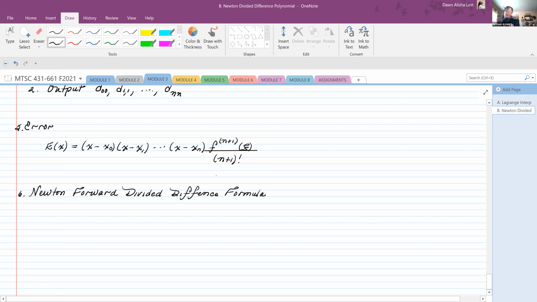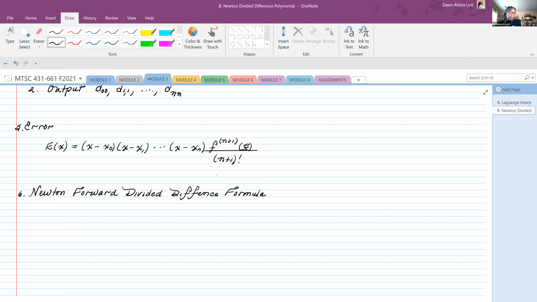You know how to do the Newton divided difference formula. The Newton forward divided difference formula is very much the same. The only difference is it really is a pain to write out.